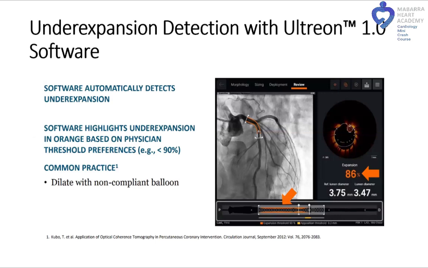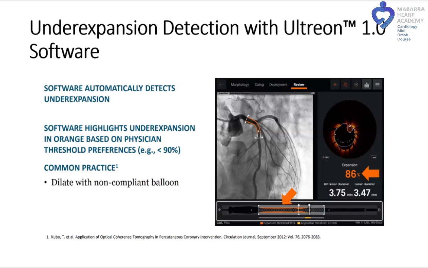In this example, you can see that there is some sort of underexpansion, but depending on the threshold determined by the physician, if you choose a threshold less than 90%, the software will show that you have some degree of underexpansion.